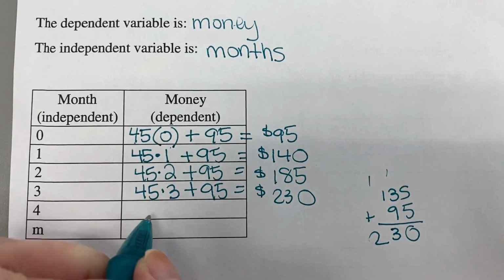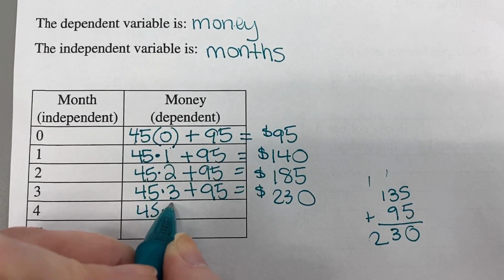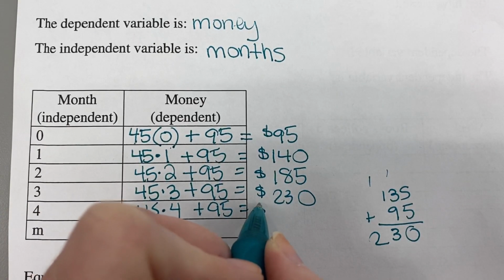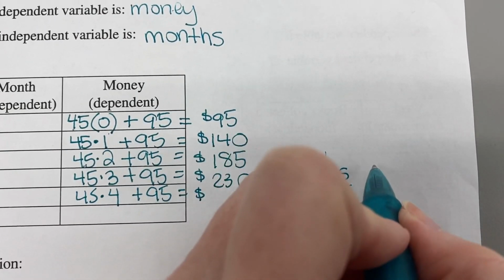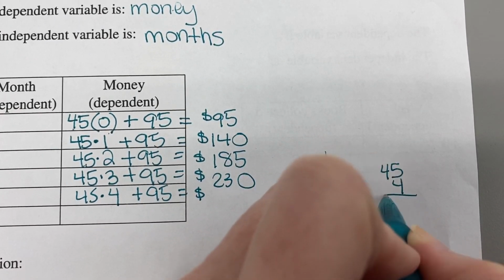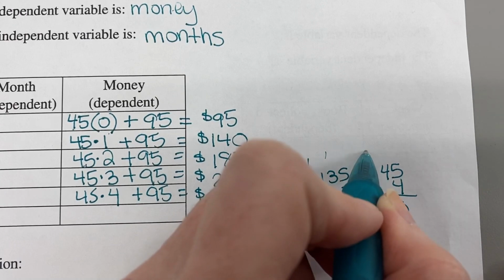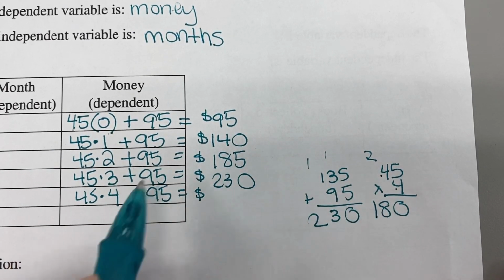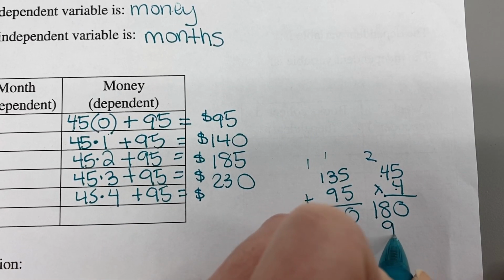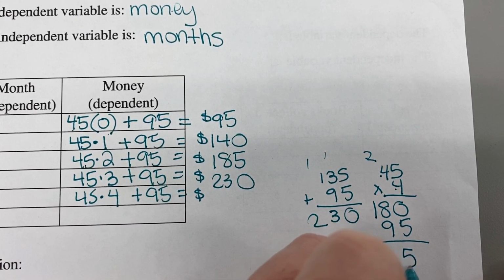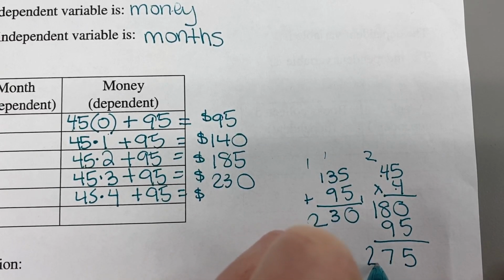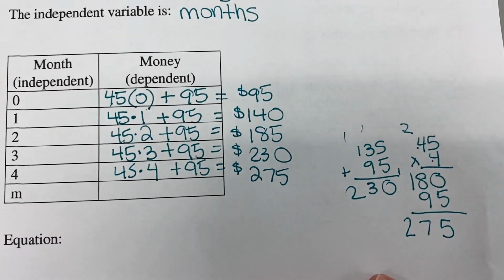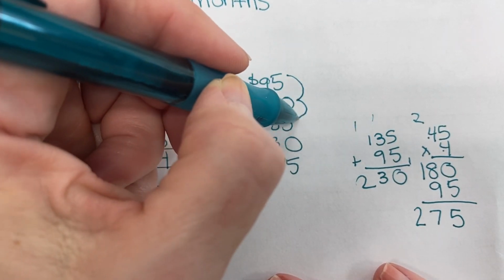And then 4 months, so 45 times 4 plus 95 equals, let's see, 45 times 4, let's do that over here. 45 times 4, that's going to be 20, carry the 2, 16, 17, 18, so it's going to be 180. And then I got to add 95 to that. So it's going to be 5, 17, carry that one, 275, I think. 275.